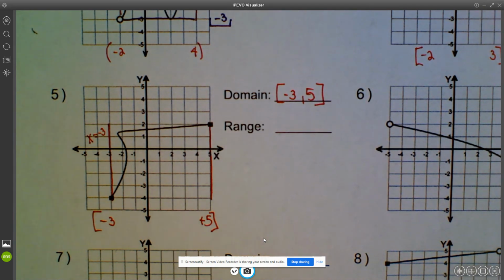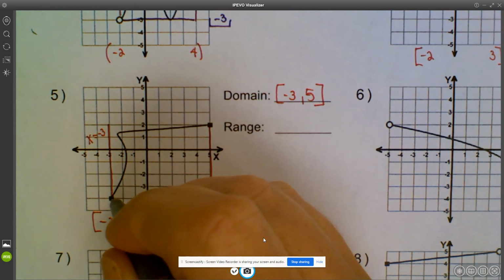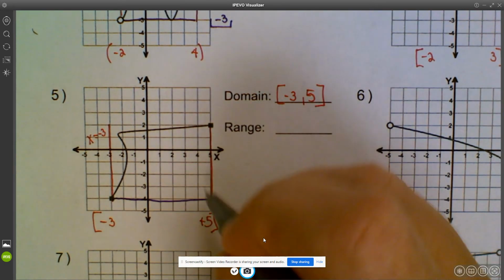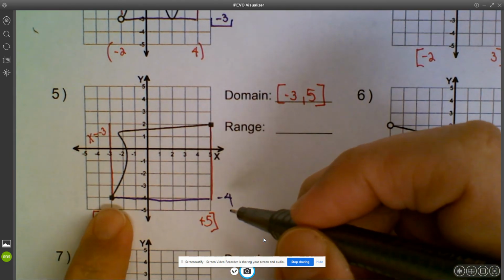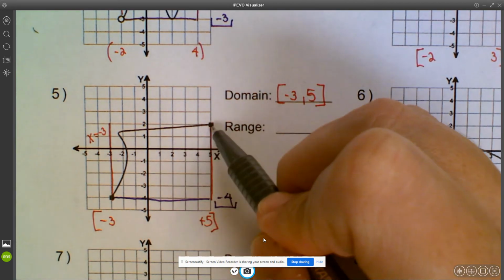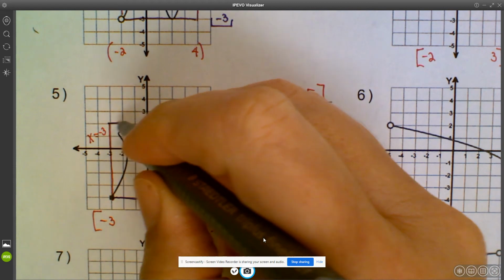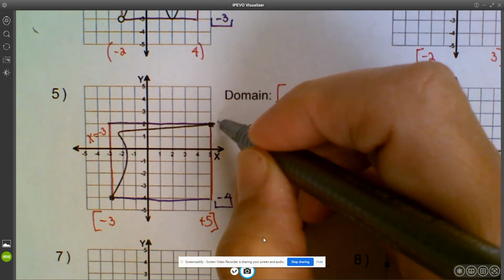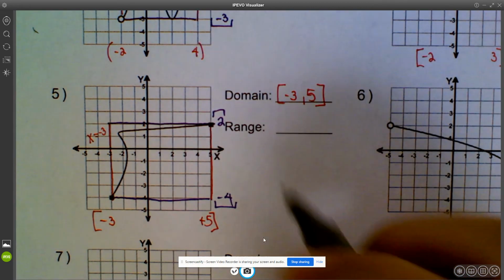Okay, let's look at our range. Our range, remember, I want to know the possible y coordinates here. Well, the lowest y coordinate occurs down here at -4, and it's a closed circle. And our greatest y coordinate is here at y equals 2, the horizontal line y equals 2.